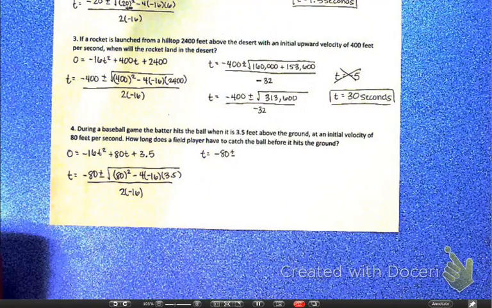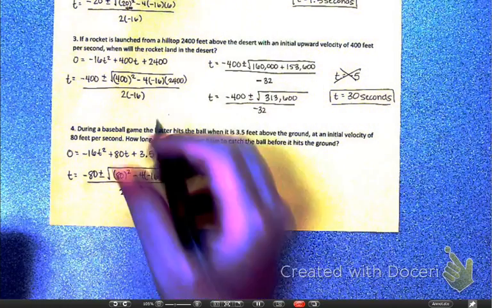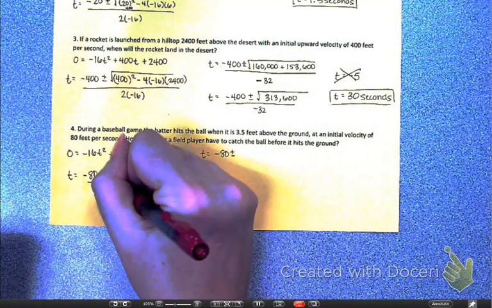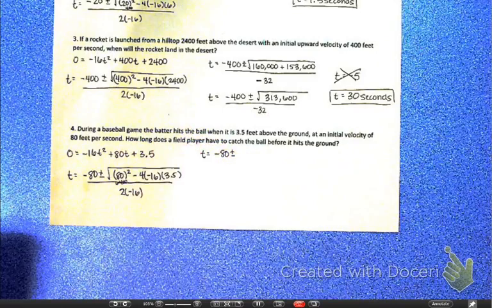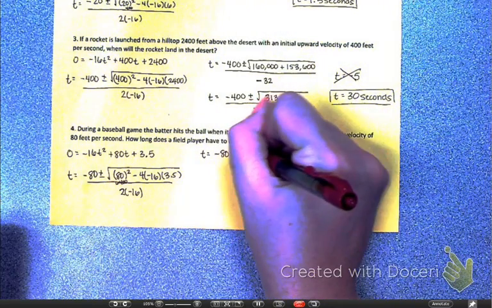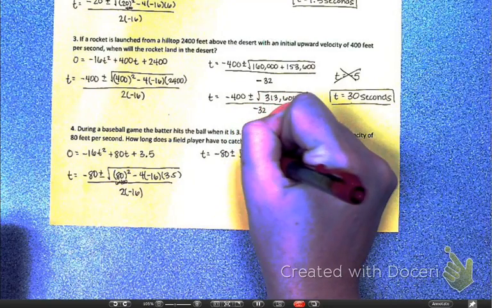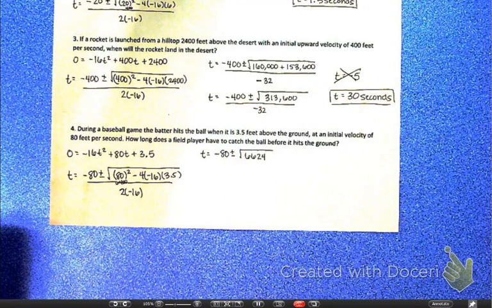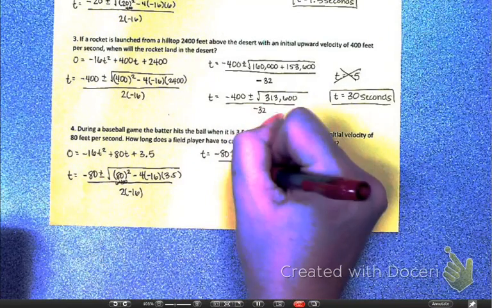You should have t equals negative 80 plus or minus the square root of 80 squared minus 4 times negative 16 times 3.5, all over 2 times negative 16. So far, so good? I'm going to take silence as a yes. Negative 80 plus or minus.